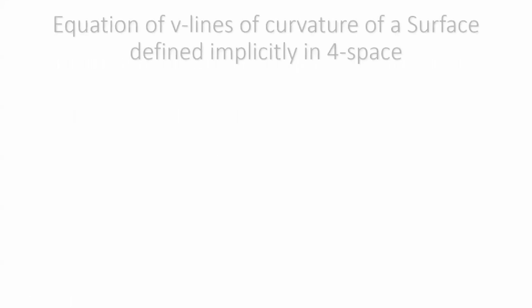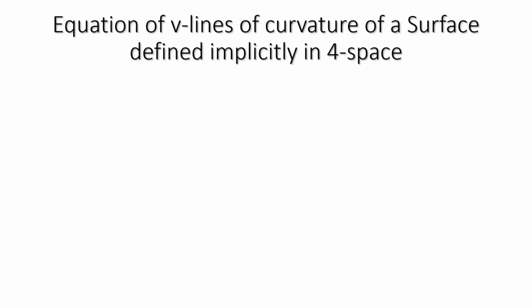Now, in the first part here, I will show how to obtain the nu curvature lines and equation when a surface in R4 is defined implicitly, which is important because this is the way we are going to define our surfaces. So we have first a proposition.